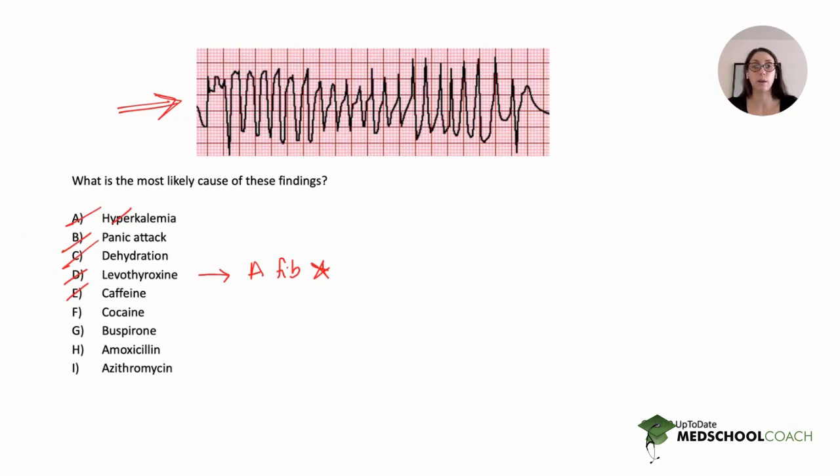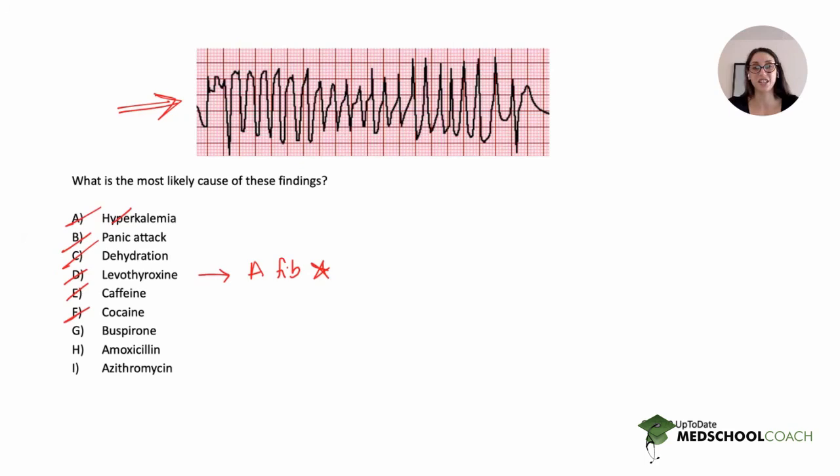And we don't know about caffeine or cocaine being specifically associated with torsade de pointes. Maybe it's associated with palpitations, but no substances are specifically associated with torsade de pointes, and we have another more likely explanation. So we can cross these off.